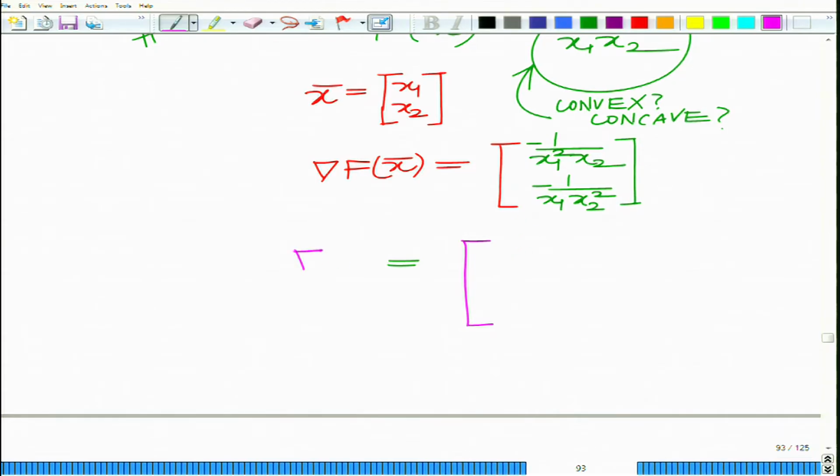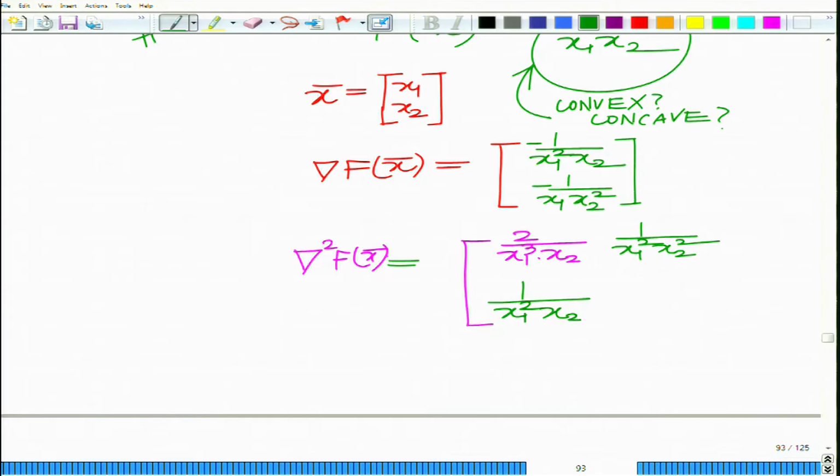Now the Hessian will be, take the first element, differentiate it with respect to x1. That will be 2 over x1 cube x2. Now differentiate the first element with respect to x2. This will be 1 over x1 square x2 square, and by symmetry, this element will also be 1 over x1 square x2 square. The 2 cross 2 element will be 2 over x1 x2 cube.